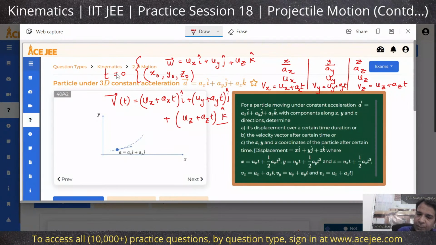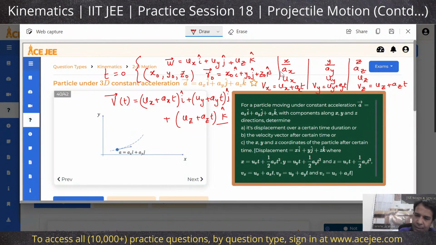So what is the position vector, by the way, at time t equals to 0? Well, the position vector, let me call it R0, is x0 i cap plus y0 j cap plus z0 k cap. See, the concept is very simple. It's all about getting used to this vector methodology, or getting used to vectors.